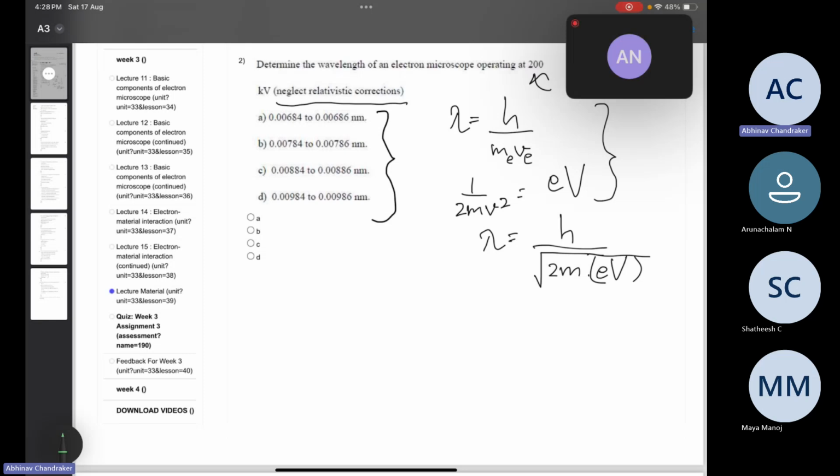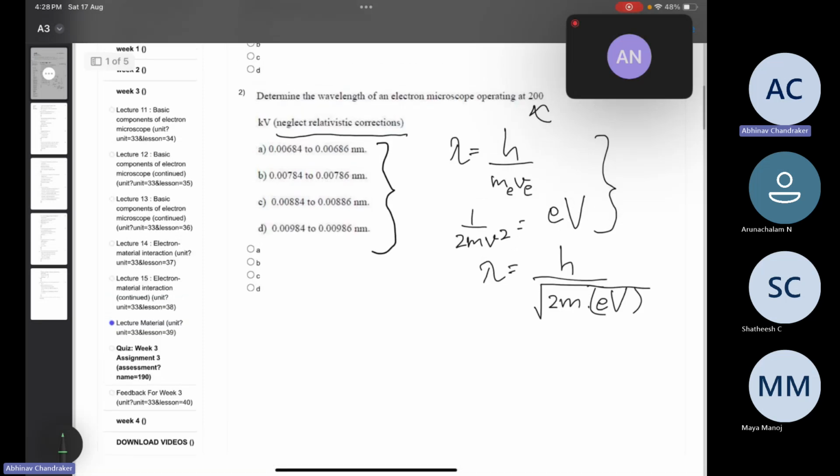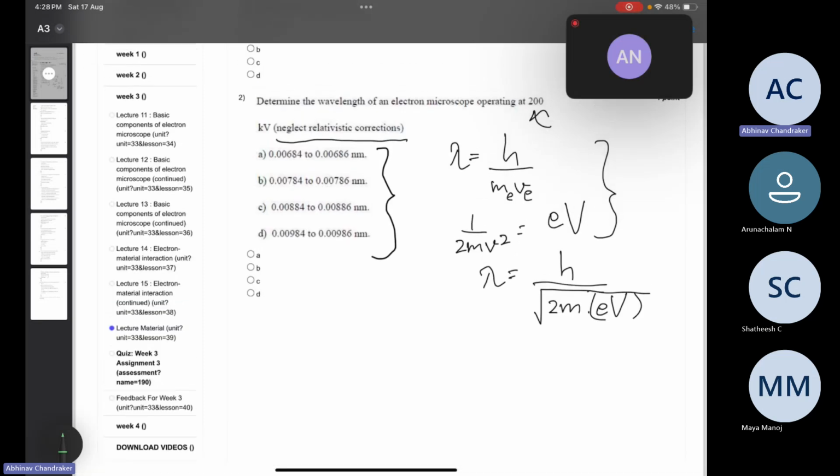Last time I had told the formula for de Broglie wavelength, which can be used to find the wavelength of an electron if we know the kinetic energy of that electron.